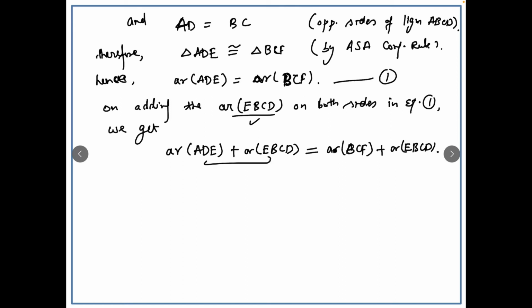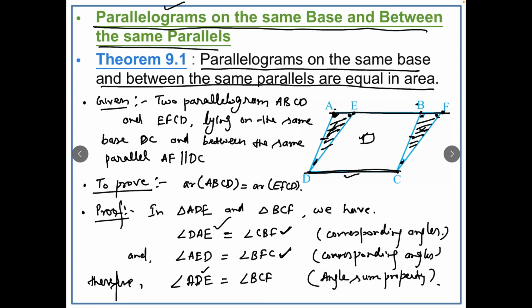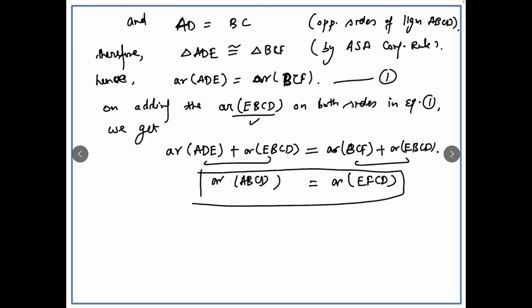When you add these two, you will get the parallelogram ABCD, and after adding these two on the other side, you will get the parallelogram EFCD. Hence the areas of the two parallelograms are equal, and this is what we had to prove in theorem 9.1, that the areas of two parallelograms are equal if they lie between the same parallels and on the same base. We have proved that the area of parallelogram ABCD and EFCD is equal.